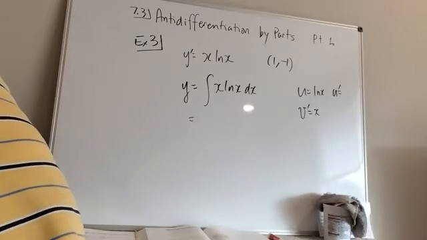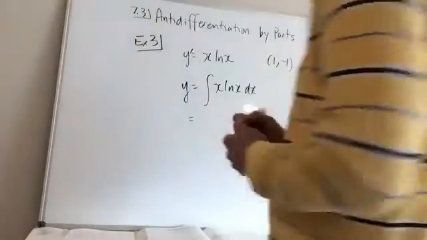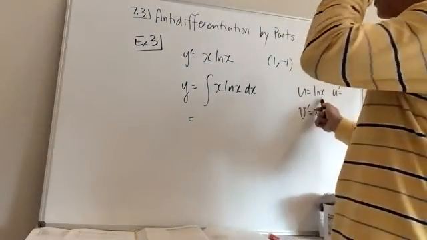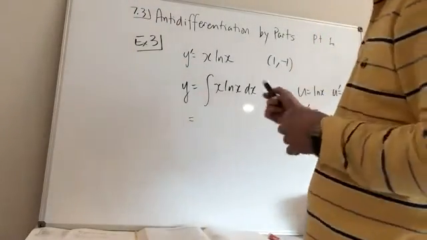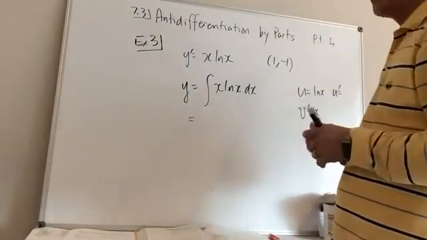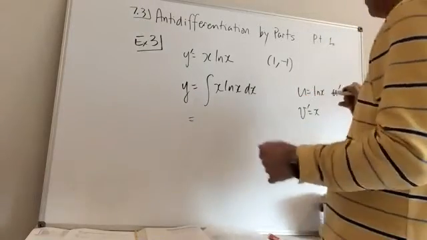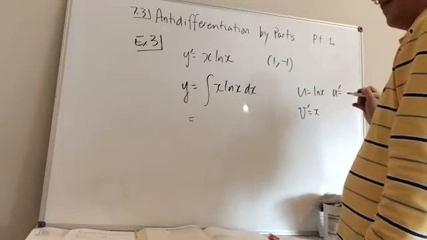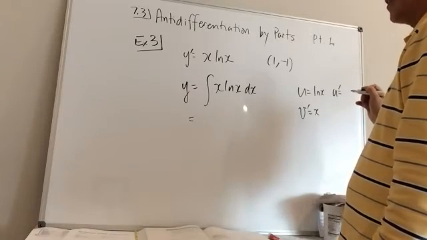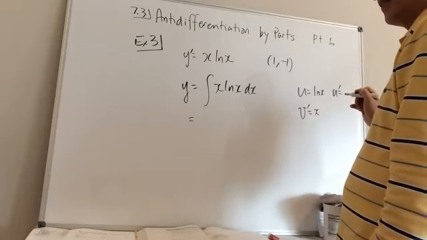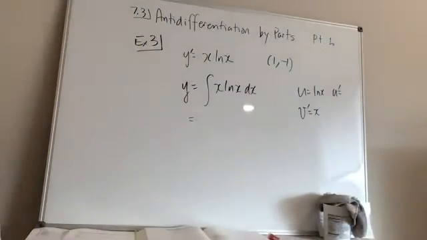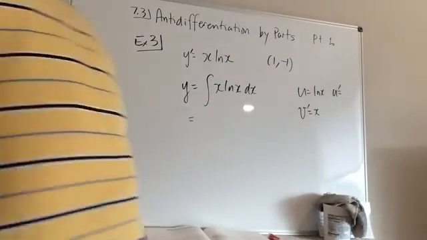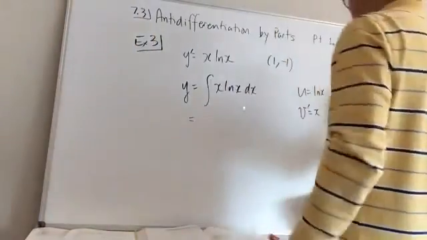Natalie's not here. Where is Natalie? Caden, what is u prime? If u is equal to natural log of x, it's just the derivative of u. What is it? Christina? 1 over x. 1 over x, right? 1 over x, good.